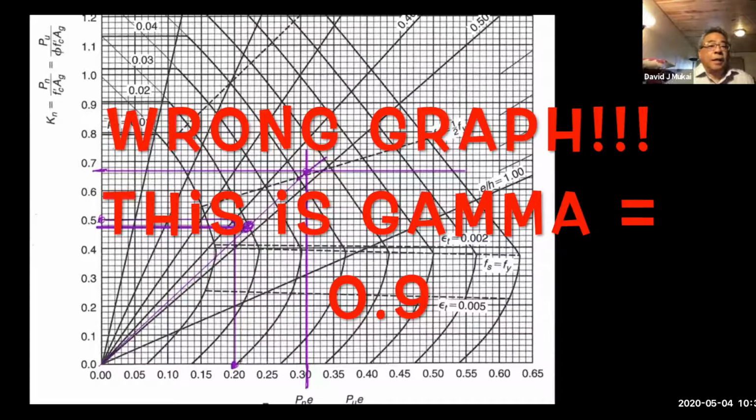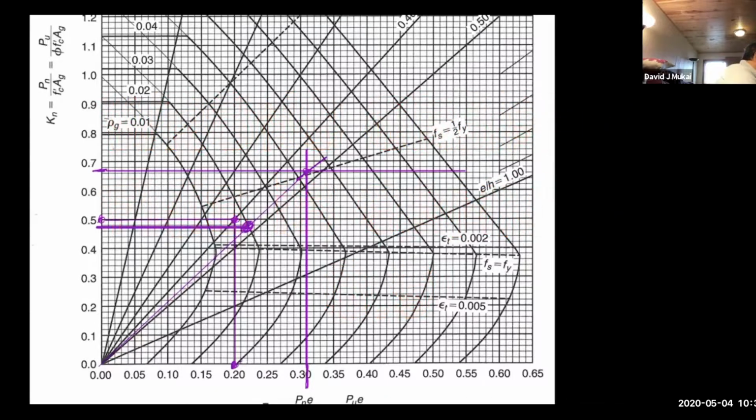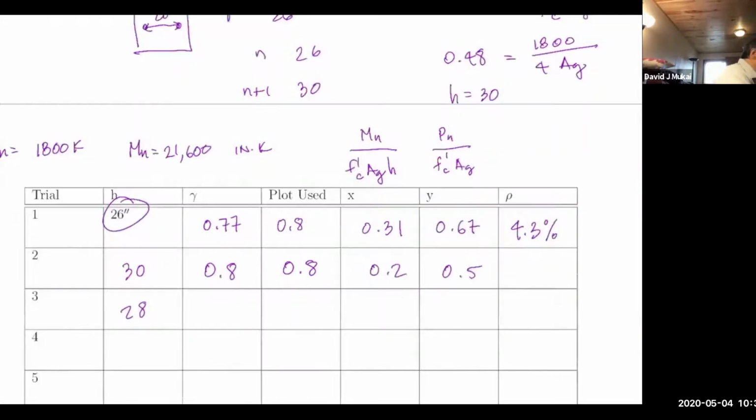Okay, again, I'm extrapolating. That looks like 1.7%. That's pretty close, but let's try 28.